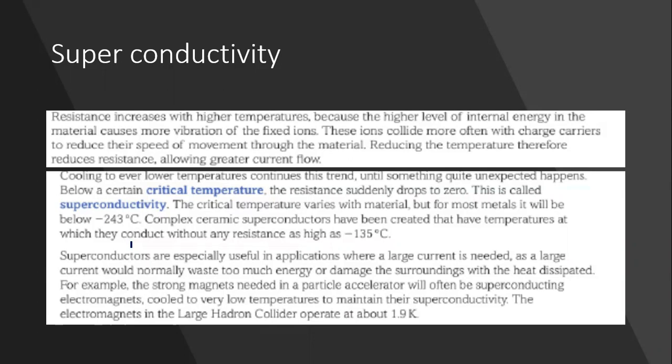Generally, when you're cooling down a material, there's a certain temperature limit known as the critical temperature. If you cool down a material to the critical temperature, the resistance drops to zero, instantly.